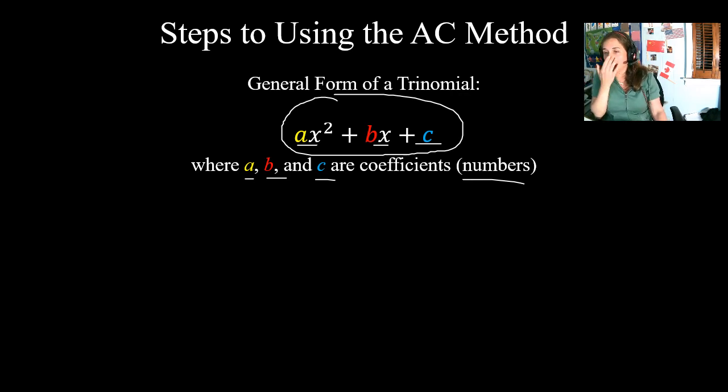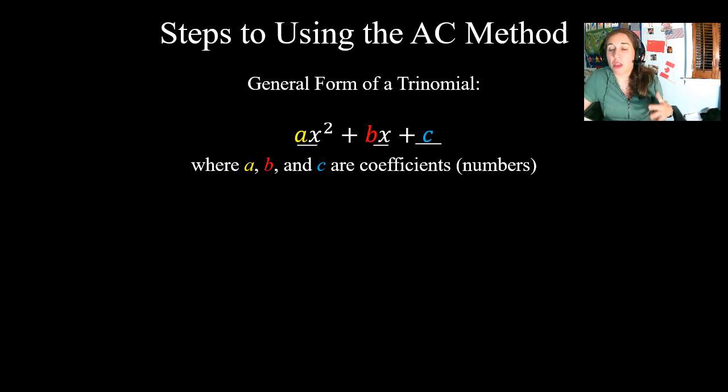We know what coefficients are; we've gone over that again and again. We have an x squared term, an x to the first term, and an x to the 0 term, and then we have our coefficients in front of those variables, a, b, and c. Those are just the numbers in front of our variables. So that's the general form of a trinomial.